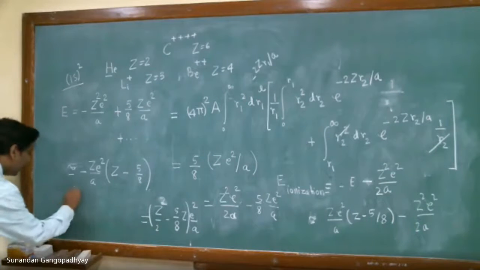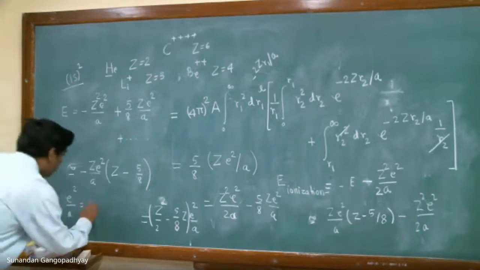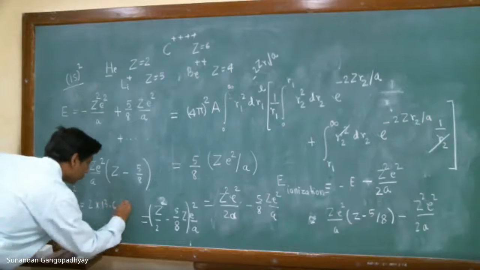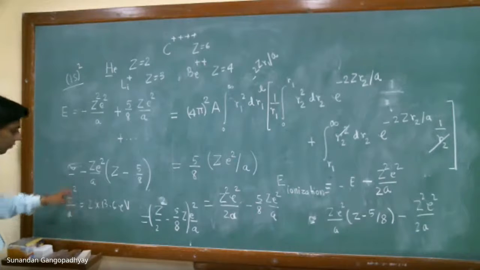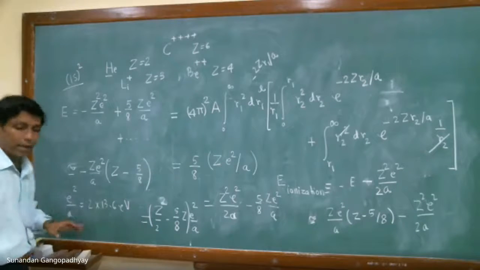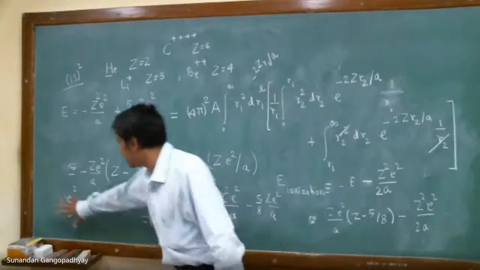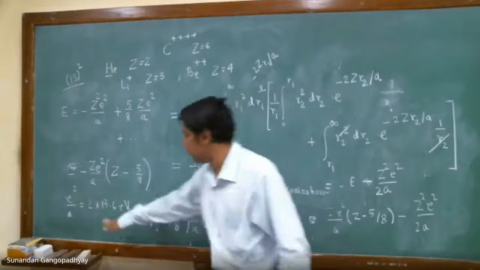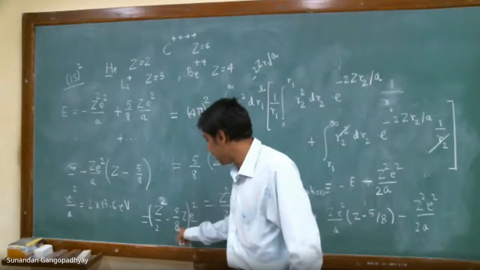And this e square by a, where a is the Bohr radius and e is the electronic charge, is twice 13.6 electron volts. So this unit of energy, e square by a, is called the atomic unit of energy. In atomic units of energy, the ionization energy is just z square by 2 minus 5 by 8 z.